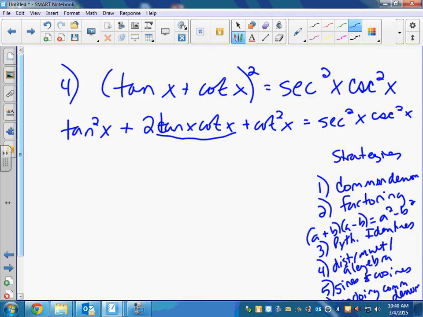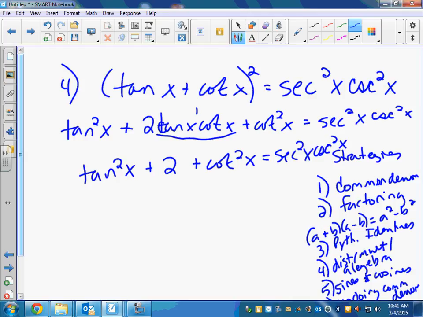Just 1, right? Because they cancel each other out. So I could say tangent squared plus 2, because that just equals 1, plus cotangent squared equals secant squared x cosecant squared x. Oh. Should we have done sines and cosines?